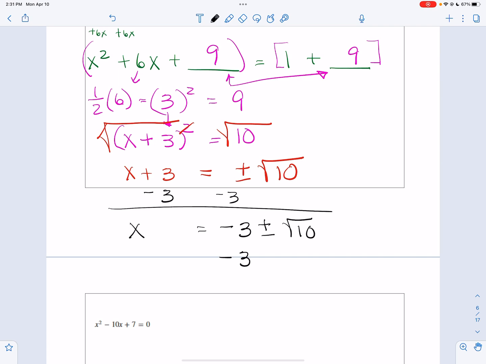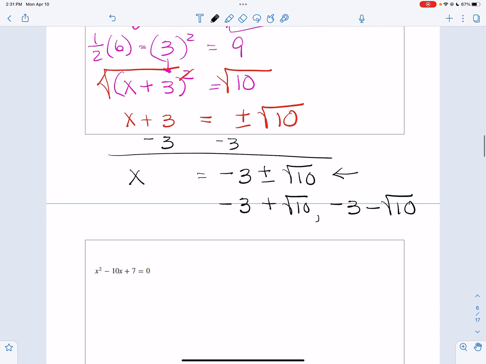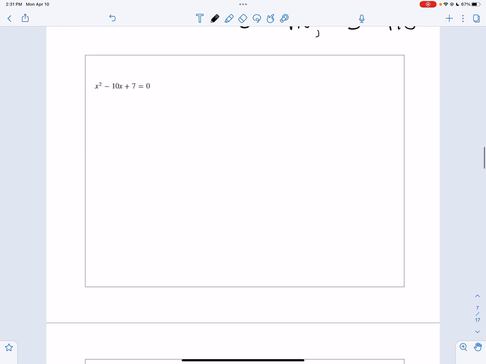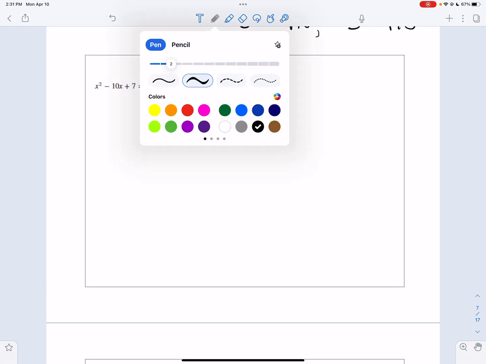So again, I can write negative 3 plus the square root of 10, negative 3 minus the square root of 10. I don't care how you put it. I think Hawks lets you do it this first way, and I think that's the easiest way, but just make sure that you have the plus and the minus in there because you do have two solutions. Okay? All right, let's try this one.